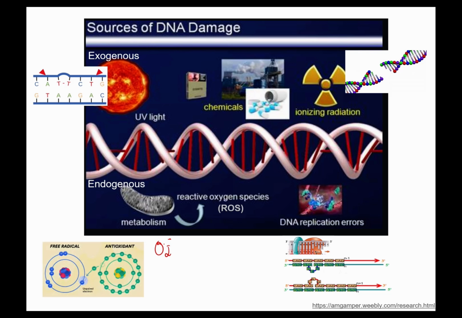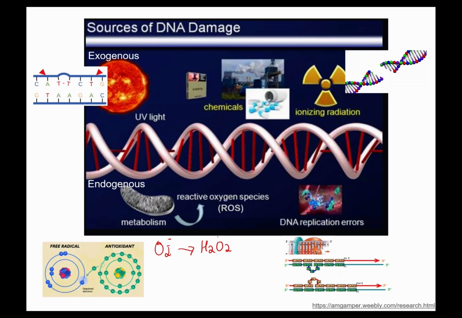Okay, this is actually an ROS. It's an oxygen species that will now become really reactive. And when it's highly reactive, it starts to react with your DNA, protein, and RNA, or it can then lead to further reactions that will produce even more toxic ROSs. So this will be converted to hydrogen peroxide. Hydrogen peroxide is really not as toxic.